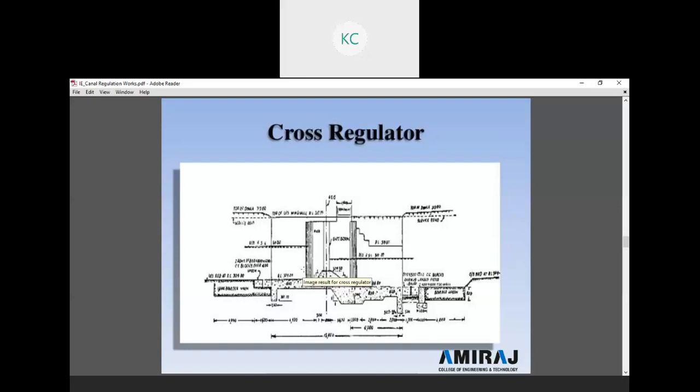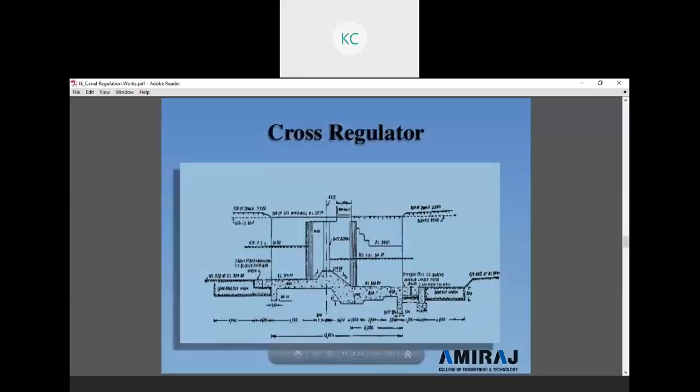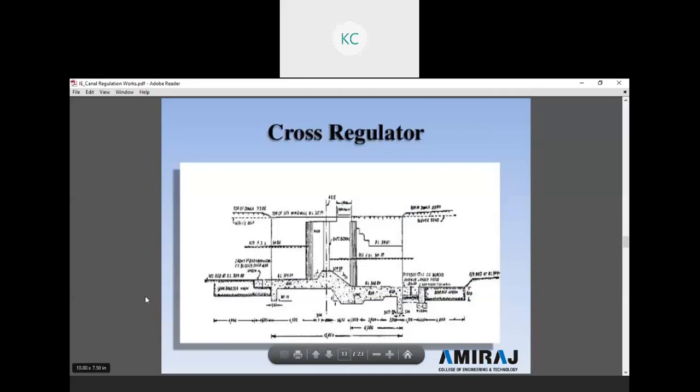Vertical sheet piles are also constructed at the upstream side as well as the downstream side. This kind of construction increases the creep length of the water in the reservoir or in the main canal, to minimize the piping as well as the undermining effect.